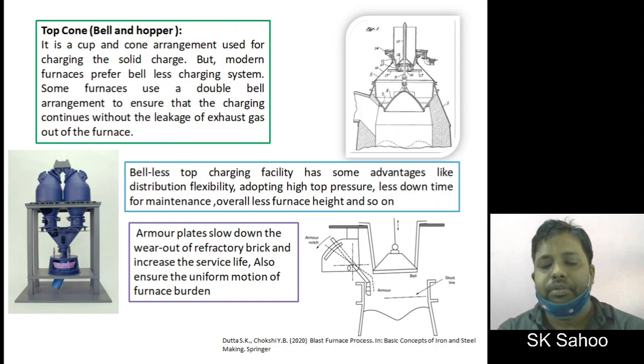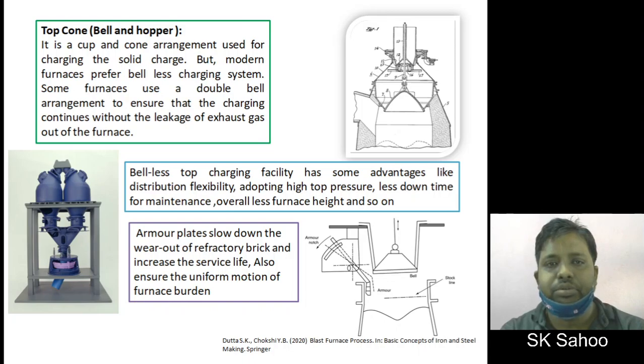At the top, there is a charging device. Here it is shown, the bell charging system. It is a cup and cone arrangement used for charging the solid charge, but modern furnaces prefer the bell-less charging system.